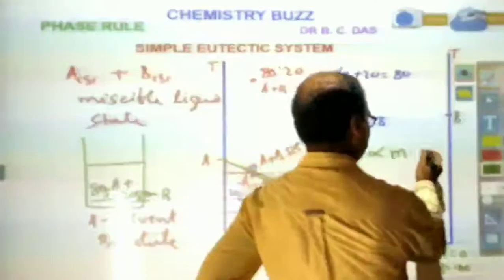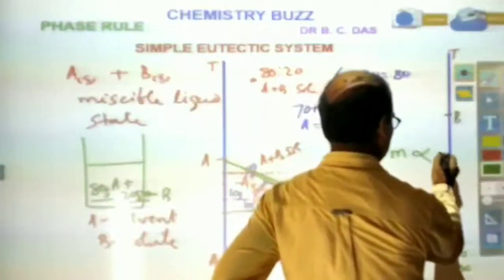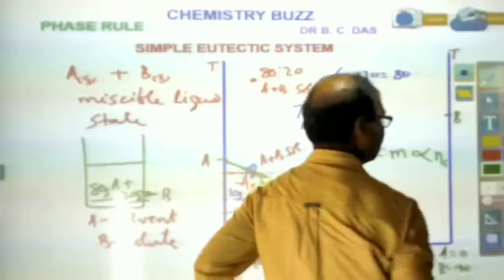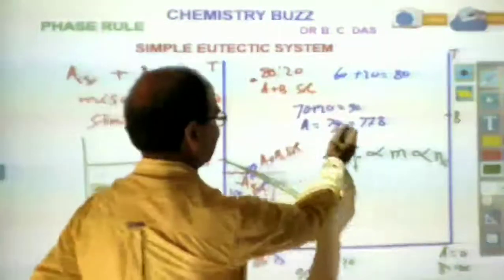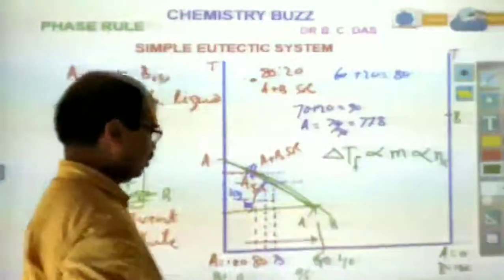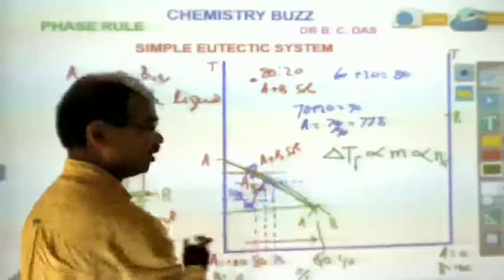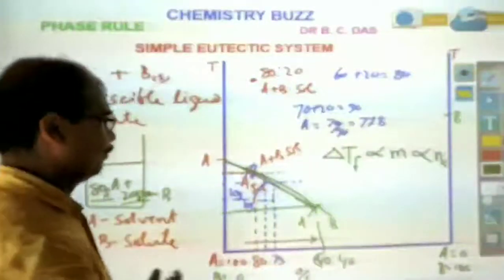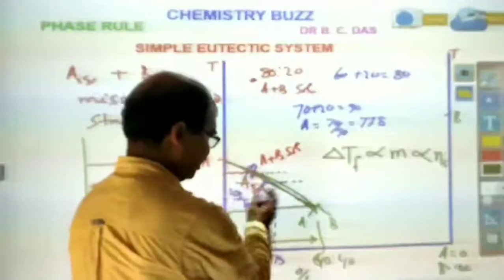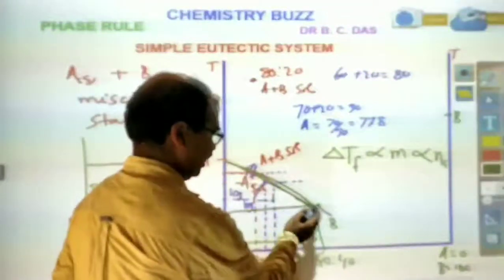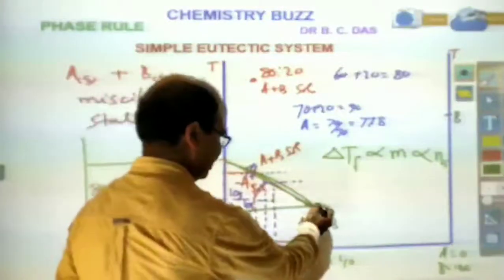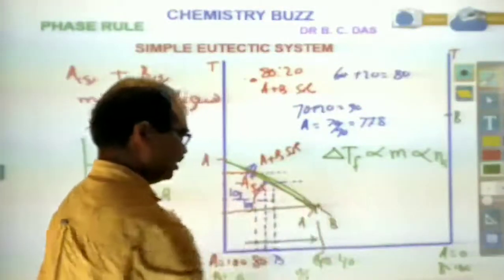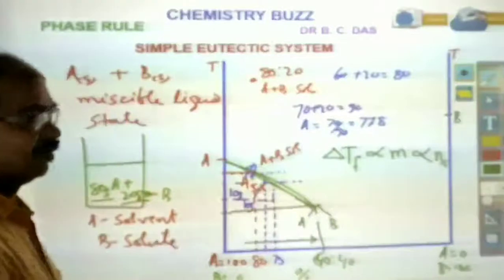The molality of the solution is also proportional to the number of moles of solute. As the number of moles of solute continuously increases in the solution phase due to separation of A, the freezing point continuously decreases.